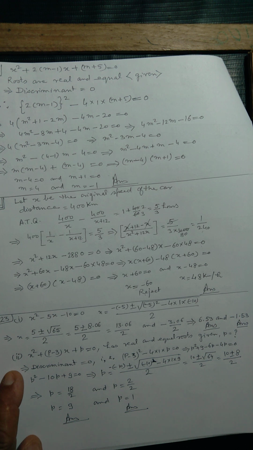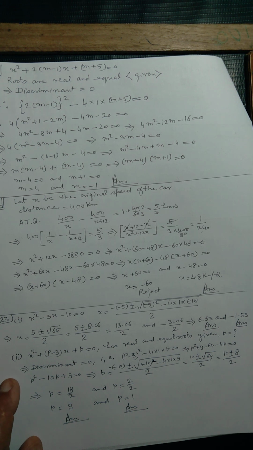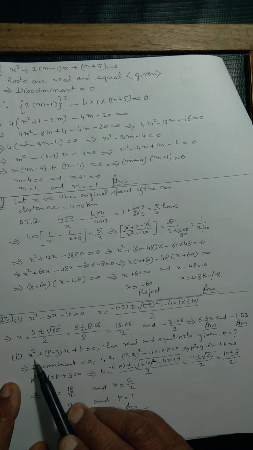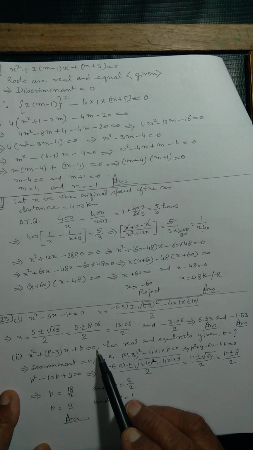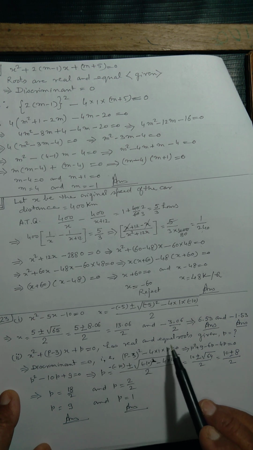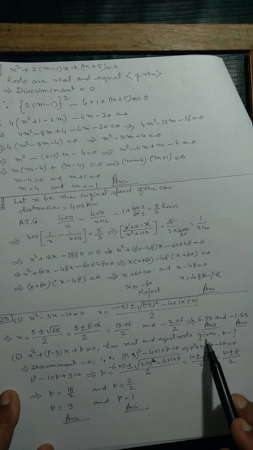Without solving the following quadratic equation, find the value of p for which the given equation has real and equal roots. x square plus (p minus 3) x plus p equal to 0. Here you see I have written x square plus (p minus 3)x plus p equal to 0 has real and equal roots given.